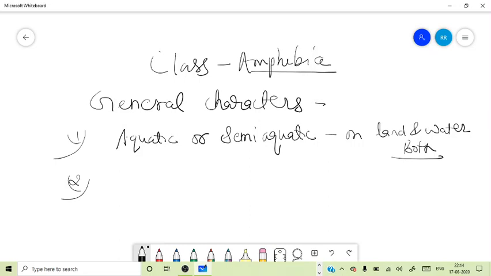Next, the second important character of class Amphibia is that the members of this class are cold-blooded. As we all know, cold-blooded means the body temperature varies according to the external environment.